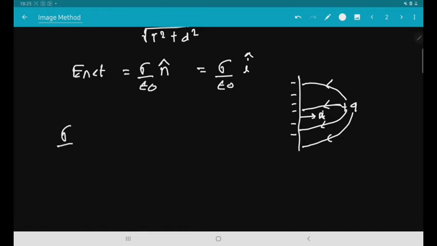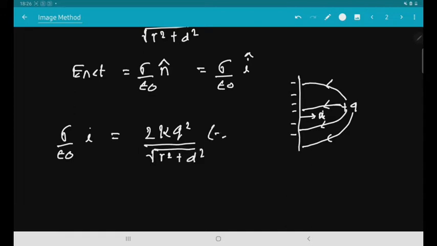So we have sigma by epsilon 0 positive i cap, and here we have calculated the net electric field as 2kq square by root of r square plus d square. Here we have got the negative i cap direction. So we can cancel this i cap.